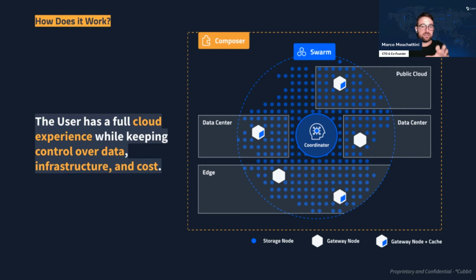Then you can access the same data from the public cloud, for example, where you may have an analytics suite or a machine learning system to collect all the data and analyze it. So you can ingest data from one place and digest it from another place in a matter of minutes.